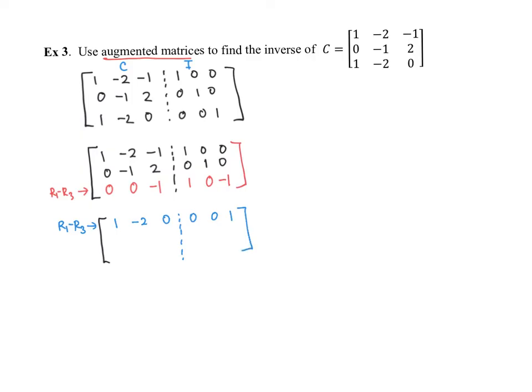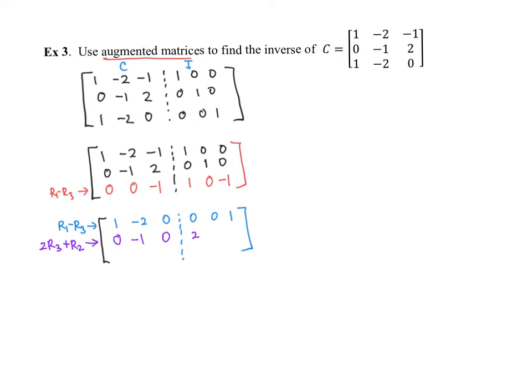Okay, now the second row, I also want to get a 0 here. I'm going to use row 3. Let's see, 2 times row 3, and then I can add it to row 2. Okay, 0 plus 0, 0 minus 1, negative 2 plus 2, 2 plus 0, 0 plus 1, negative 2 plus 0.